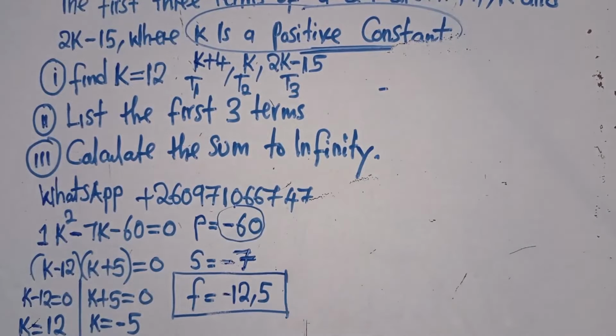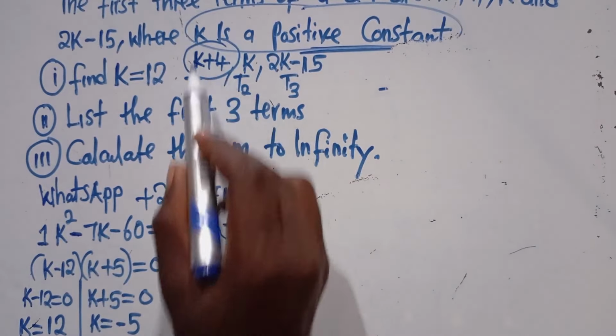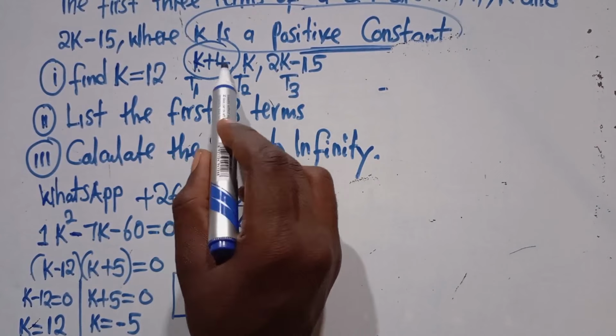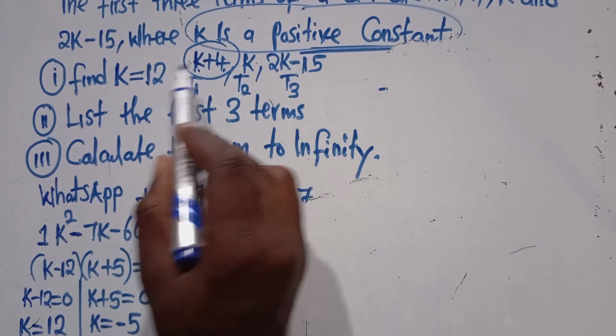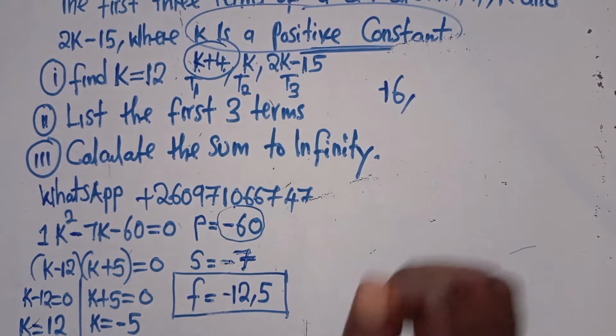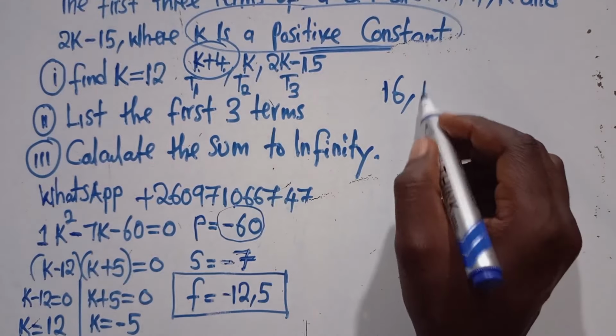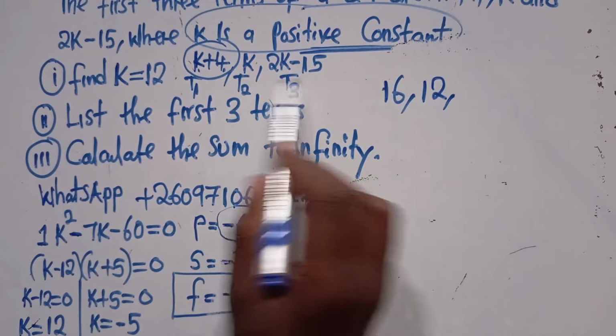We move now to the next question. The next question is saying, list the first three terms. So we know this is the first term, that is k plus 4. K is 12. 12 plus 4, that is 16. You put a 16. For the next term, k is 12, you put 12. The same way they are.